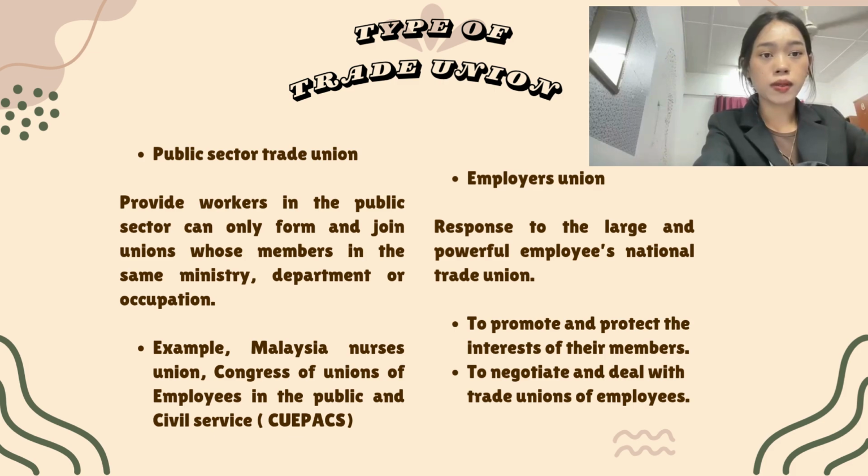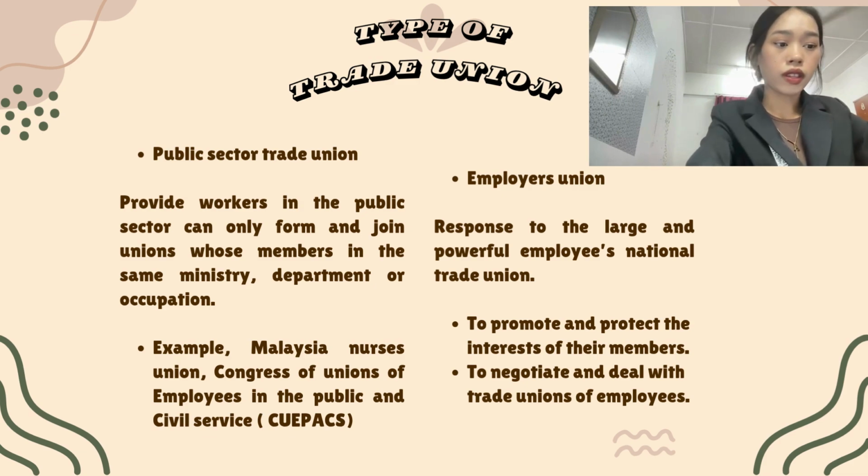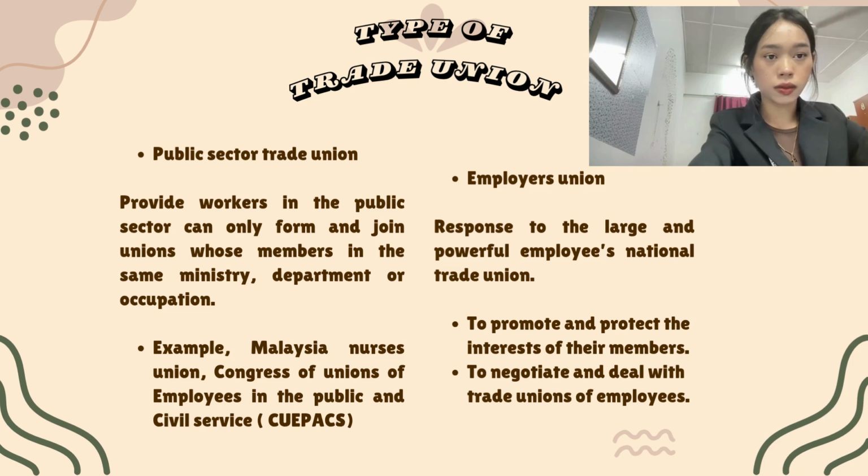Today, I'm going to explain about types of trade unions. First is public sector trade unions. Workers in the public sector can only form and join unions with members in the same ministry, department, and organizations. Examples are Malaysia Nurses Union and Congress of Unions of Employees in the Public and Civil Service.